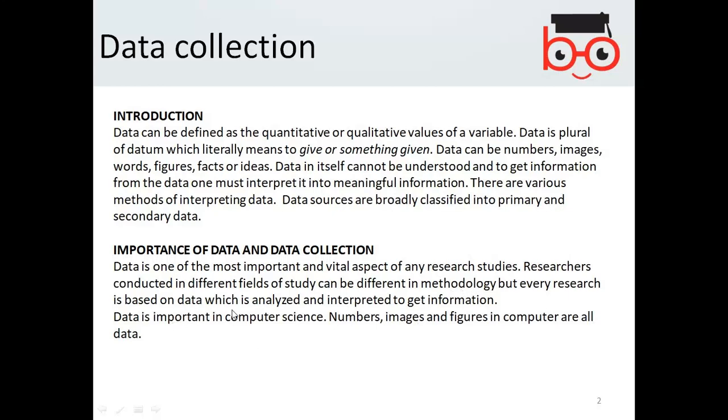If you want to do any research, it can only be done on data, and how you interpret, process and analyze the data will vary with the type of research. Data is important in computer science, where it may be numbers, images and figures. In computer science, all of these are data.